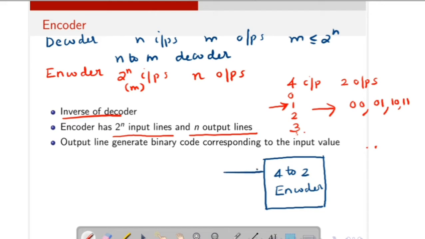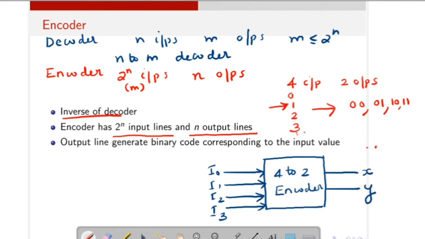That means there are 4 inputs, I0, I1, I2 and I3, and it generates 2 outputs. Suppose the 2 outputs are x and y. So when you give input to I1, it generates the output as 0, 1, that means the binary value of 1. Suppose we give input to I3, it gives the output as 1, 1, that means the binary code of 3.